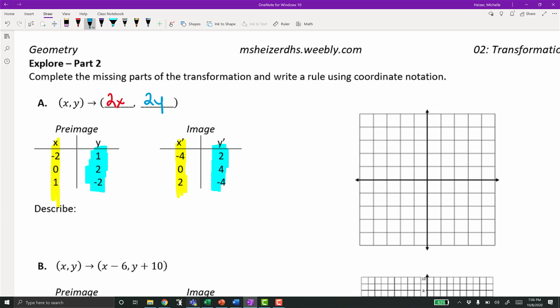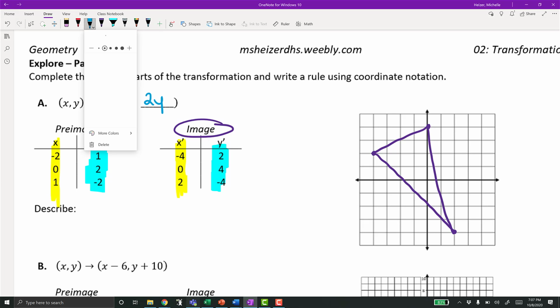Now I'm going to plot my points and see what happens when I multiply by 2. I'll put my image in purple: negative 4, 2. And then I will put my pre-image in green.